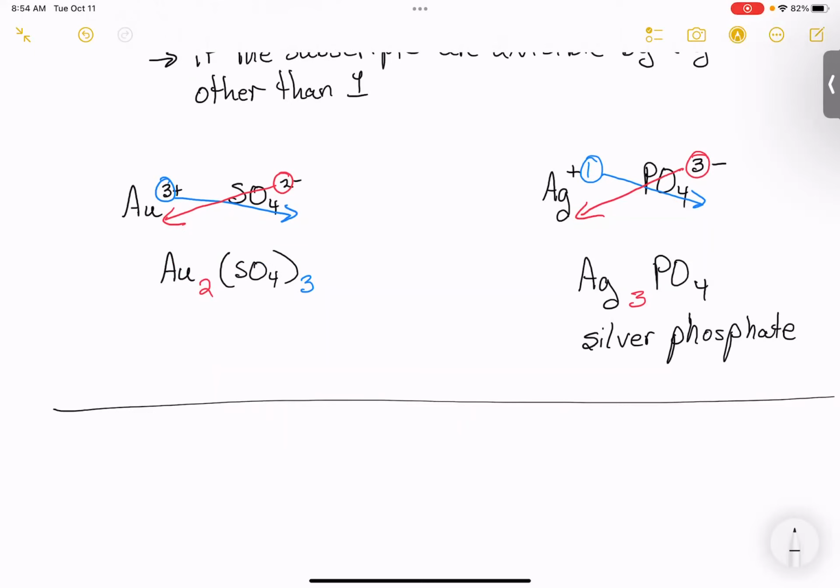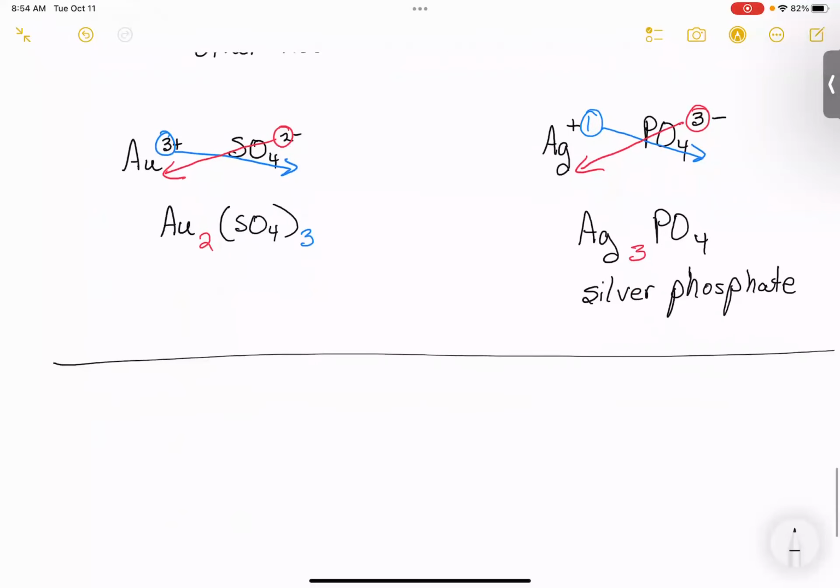Okay, so we've started with the ions and gotten to the formula and the name. But you might have to go from ions to formula, but more likely you're going to go from the name to the formula.